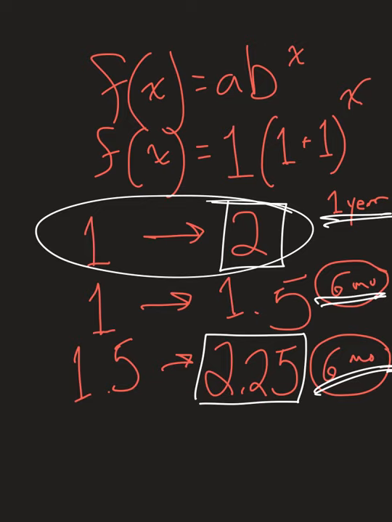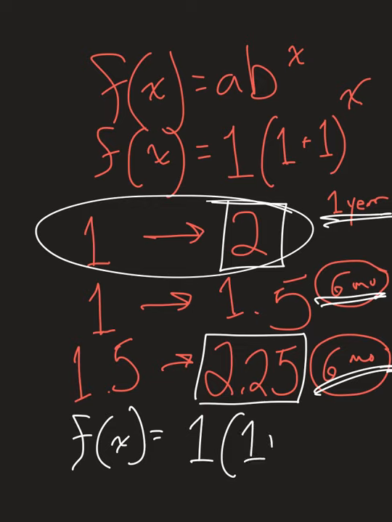I'm gonna take my interest. So remember, that's 100% in a year. So my function should look something like this. 1 coin is what we start with, and then we're growing, so it's got to be greater than 1. And if we're doing every month, it should be 1/12. And how many times do we do that in a year? 12 times.